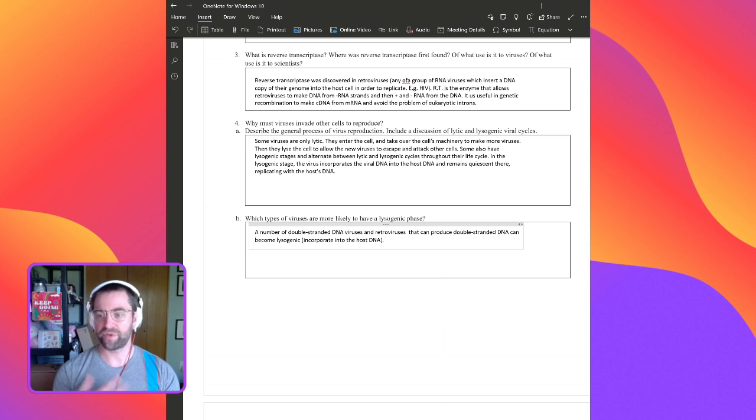RNA viruses that do not produce DNA as templates for their reproduction are unable to incorporate into the host DNA. So RNA viruses cannot be lysogenic.